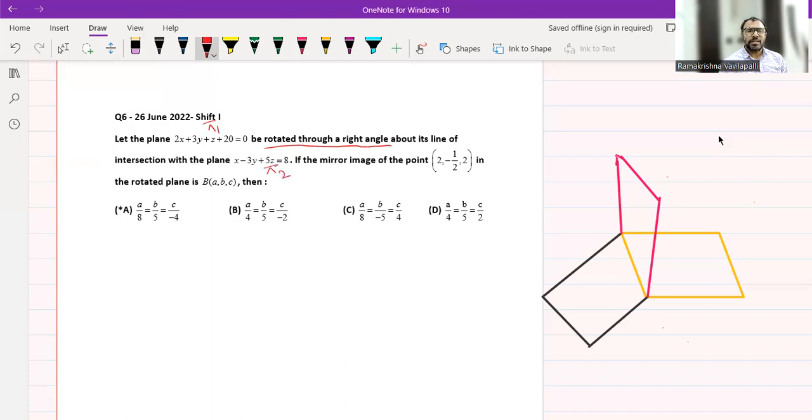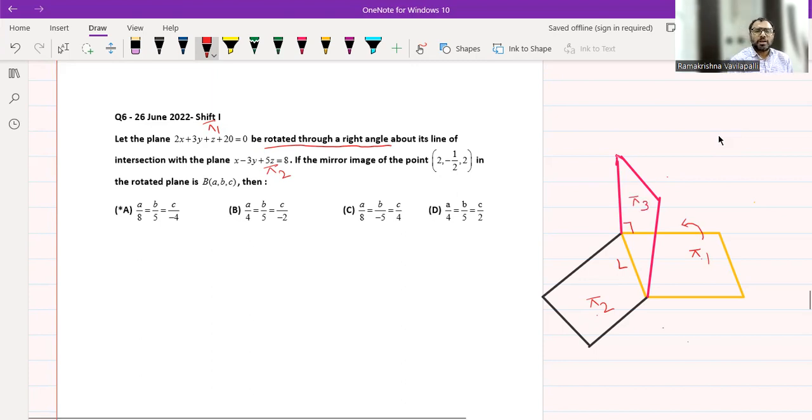Remember, read the question carefully. Which plane is rotated? Pi 1 is rotated through a right angle about its line of intersection. So this is pi 1 and this is pi 2. So about this line L, this pi 1 is rotated through an angle 90 degrees. Assume this is plane 3.